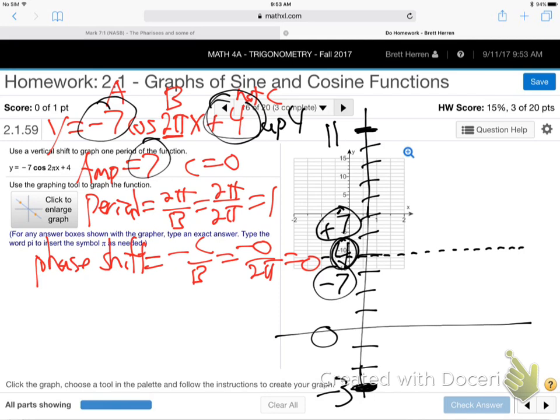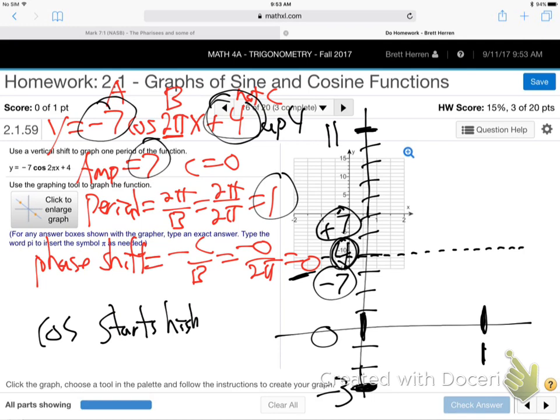Okay. Now I want to draw, and the period is 1, so that means it starts at 0. So it'll start here at 0, it'll end at 1. So from 0 to 1, it's going to do its thing. It's going to do one cycle. Now, this is cosine. Cosine starts high, ends high, or in our case, with negative amplitude, low, low.